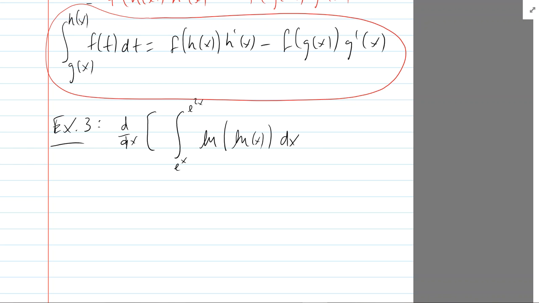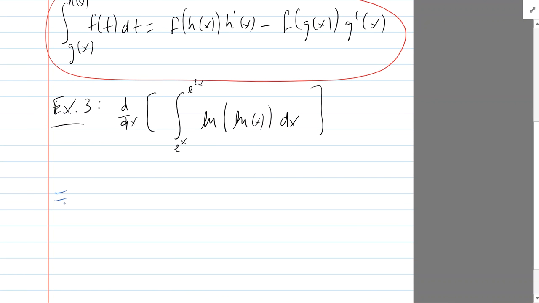Okay, so are we going to use the second fundamental theorem of calculus? This is going to equal, my outer function with the inner stuff doubled up, right? So I'm going to get natural log of, instead of an x, am I going to put e to the 2x in there?